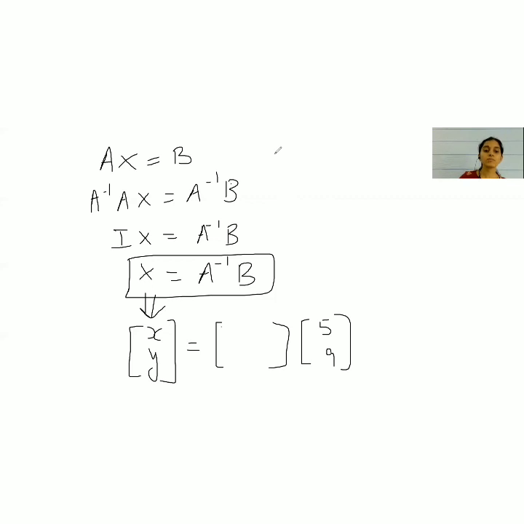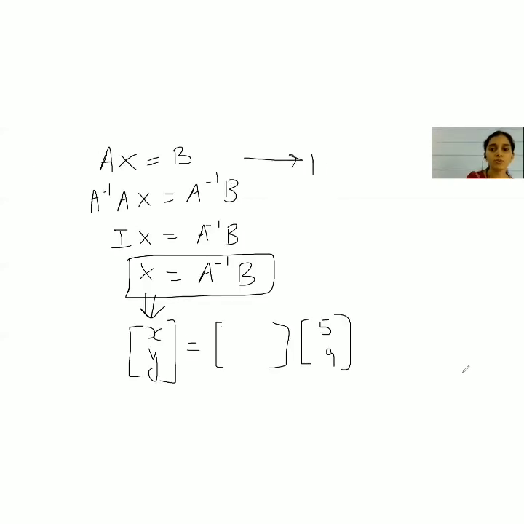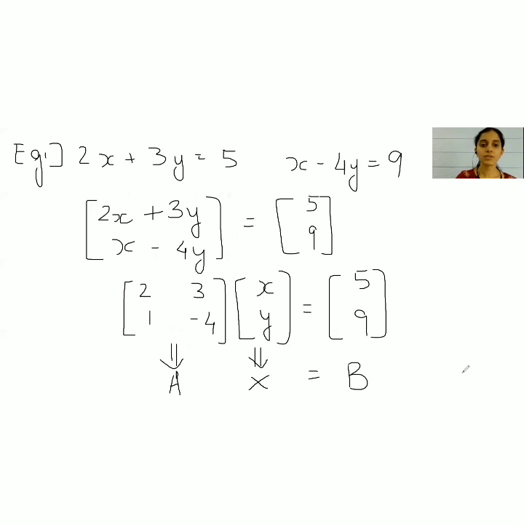This is called the method of inversion to find the variables, with the help of matrices. Inversion means find the inverse of matrix A. Okay, method of inversion.